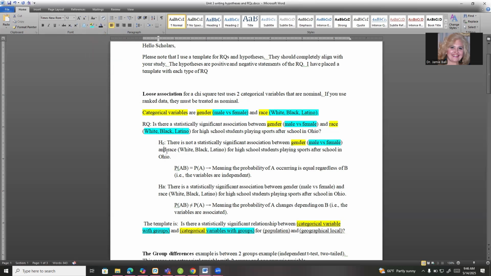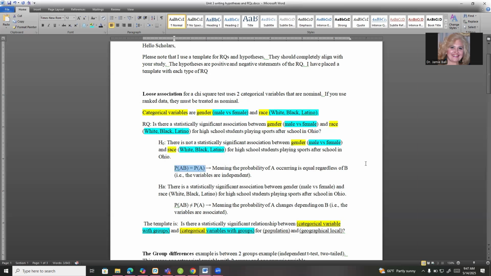And race, my other categorical variable, right? With its categories, and there are three: white, Black, and Latino, for high school students playing sports after school in Ohio.